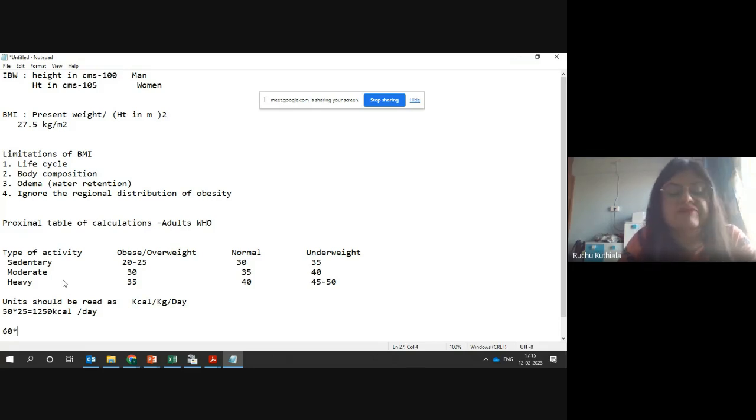So in this case, if the woman is a moderate worker, I'll pick up 60 multiplied by 40. Sorry, which comes out to be 2400 kilocalorie per day in this case. Is it clear to all of you?